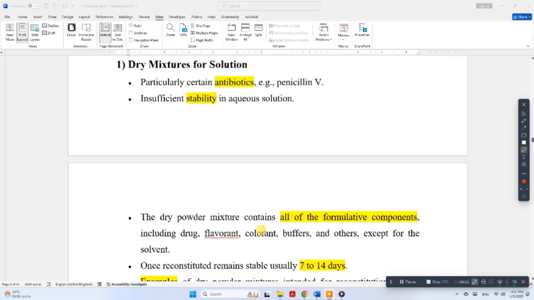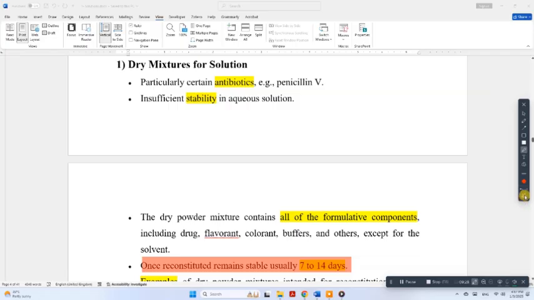Now, why is this done? Why is the solution not ready? It's better that it's ready because, in this case, we can guarantee that the manufacturer is using the right water, the right volume, etc. So why is this not available as ready-to-use solutions? Why is it a dry mixture? The answer to this is that once the dry powder is reconstituted and made into a solution, the expiration date will be very short.